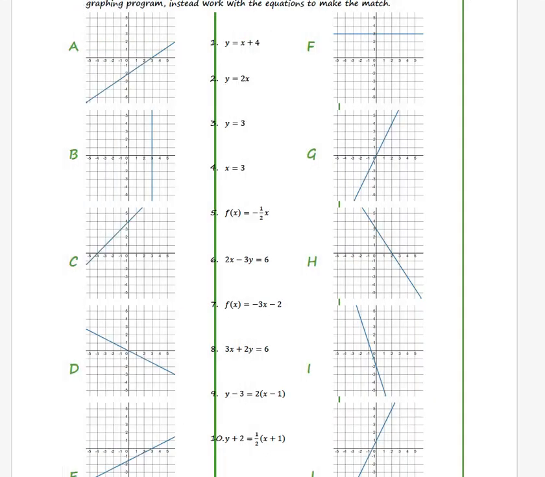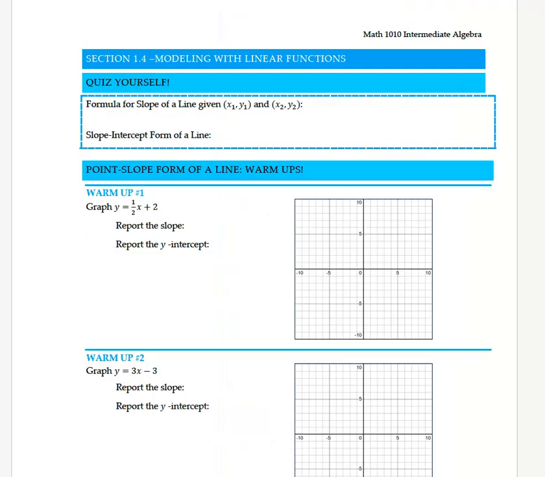And there's going to be a few things that I want to look at a little bit beforehand, just to make sure everything is making sense to you. So first of all, think about this part where, maybe pause the video and quiz yourself on the slope formula and then slope-intercept form of a line.